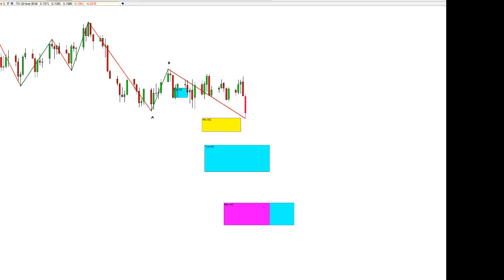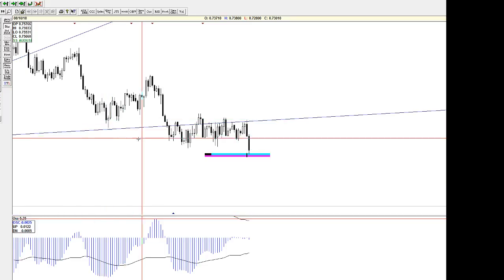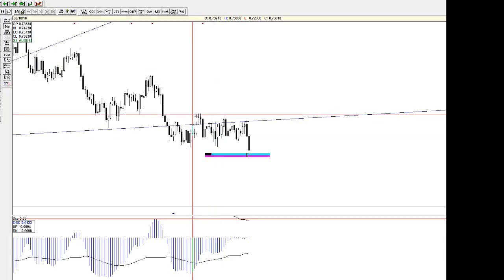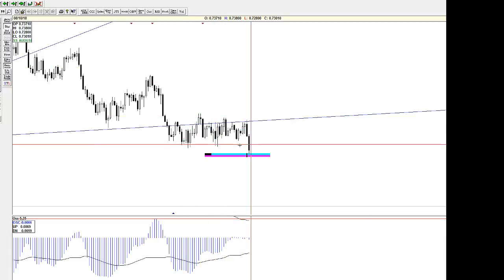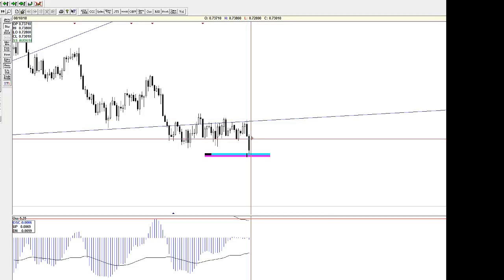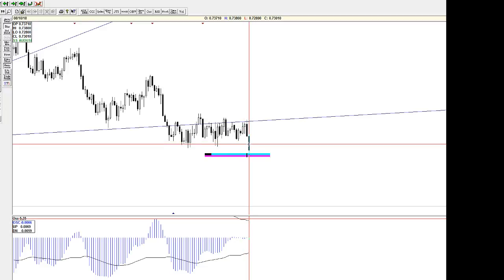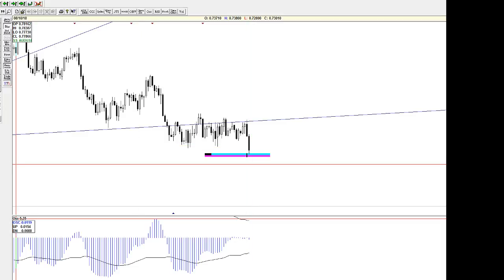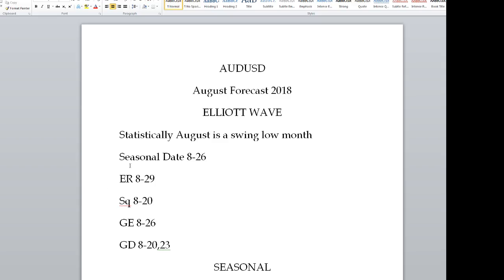So my forecasting of thinking that we were going to make a high in July didn't happen because we just went sideways. But now we're in August, and this could be a low if my bullish model is going to work, because it's going to be a swing low. It's in August. But there's other things going on too.